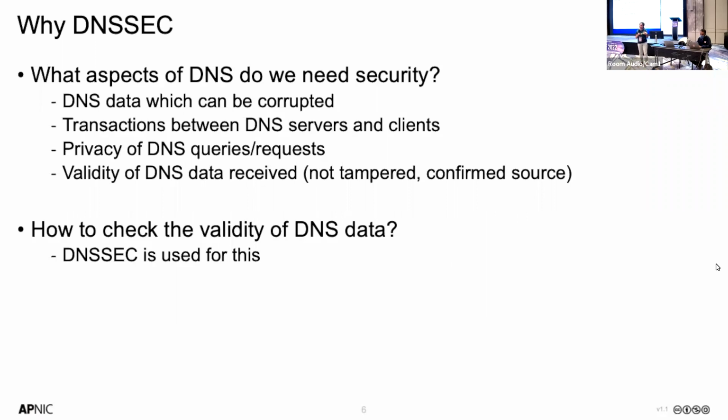And then Awal will give it to me, right? But how can I validate that it is correct, that it's coming from the right source? This is a very general analogy. So we want to know that the DNS data we receive is valid, not tampered, and confirmed to be coming from the correct source, which is the authoritative source for that domain. So how do we check the validity of this DNS data?